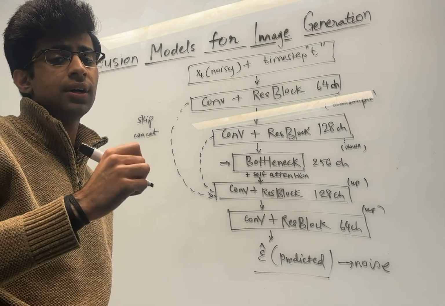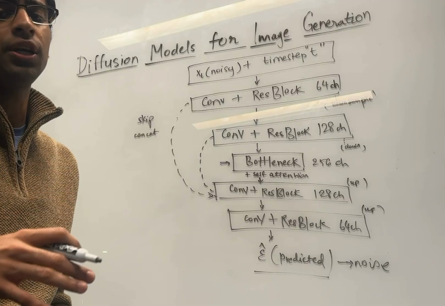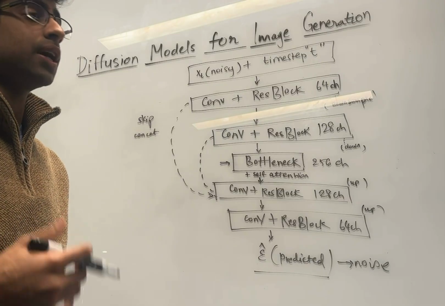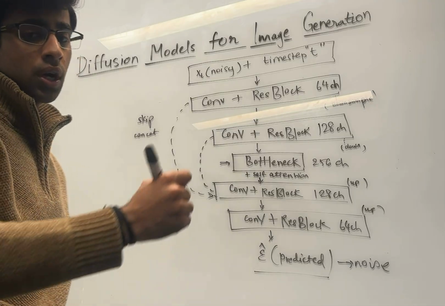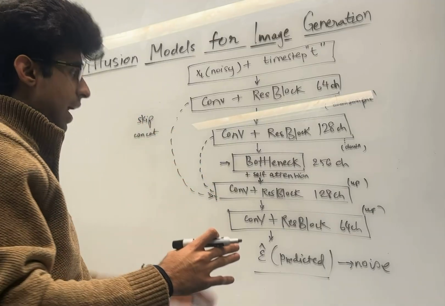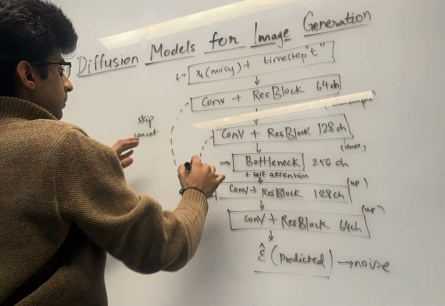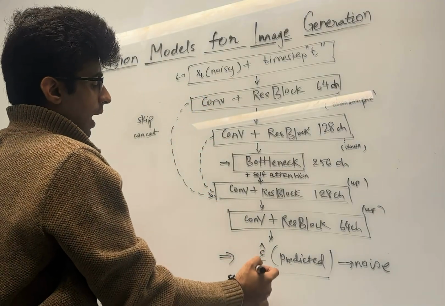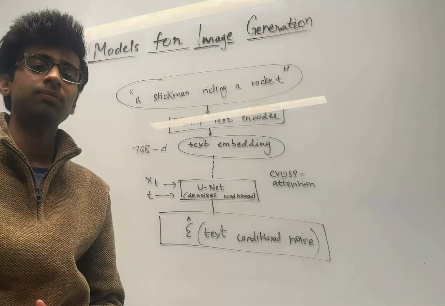The timestep t gets injected into every single block, so that the network knows how noisy the input is. Finally, the noisy image and the timestep go in, and the output is epsilon hat, the predicted noise, which we saw in the previous slides too.